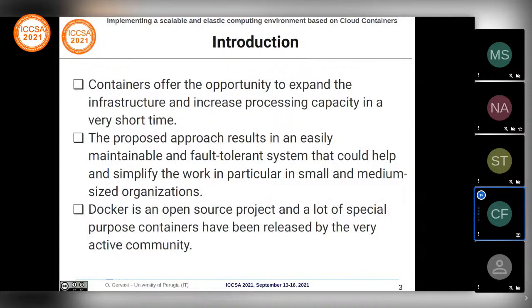The other part, the most evident example, always in Italy, was in the Lazio region, where they lost all the data for a week regarding vaccines. So it's a very, very dramatic situation.